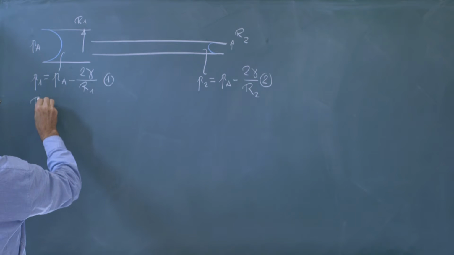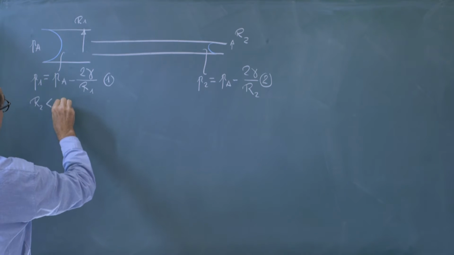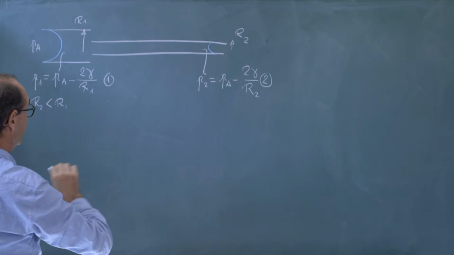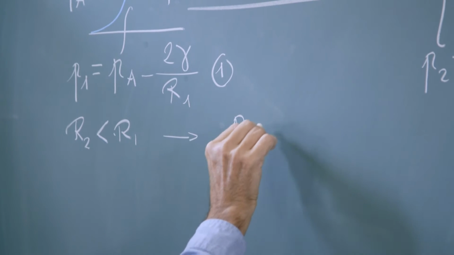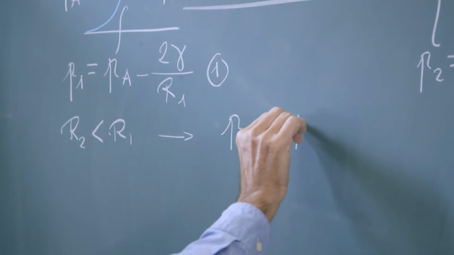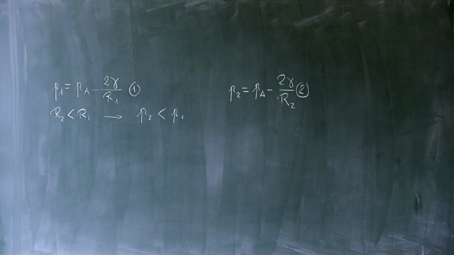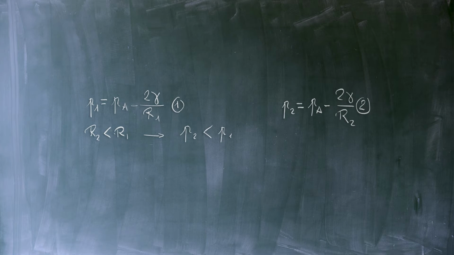R2 is smaller than R1, and as a consequence, the pressure P2 is smaller than the pressure P1. This difference of pressure is the reason why the liquid is pumped into the thinner tube, because of the difference in capillary pressure between the two tubes.